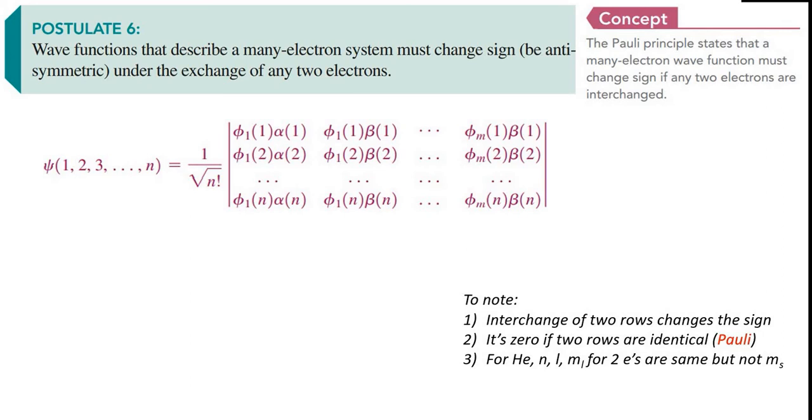That is the postulate, that if you exchange two electrons, the wave function must change its sign, and that property we call antisymmetry. In other words, our wave function is antisymmetric with reference to exchange of two electrons. Now, how can we mathematically represent that?